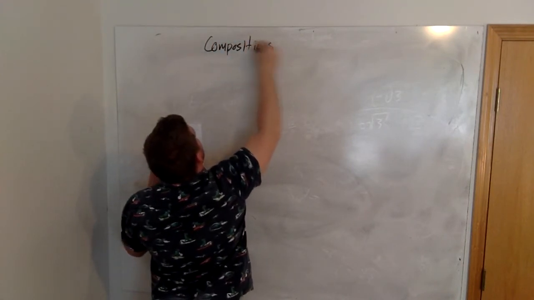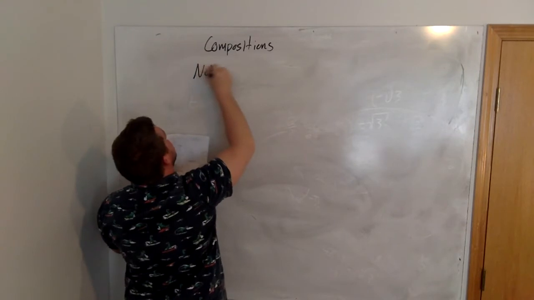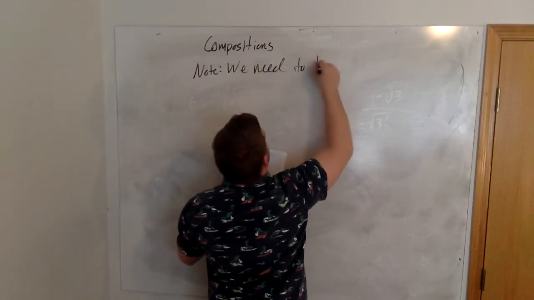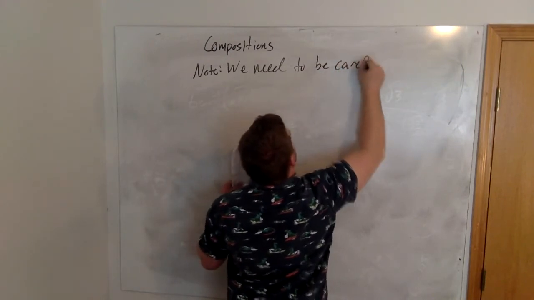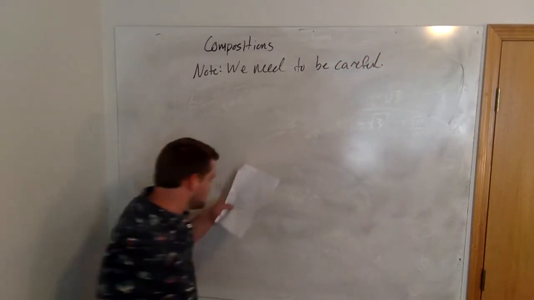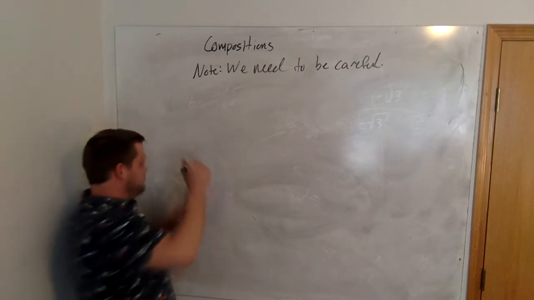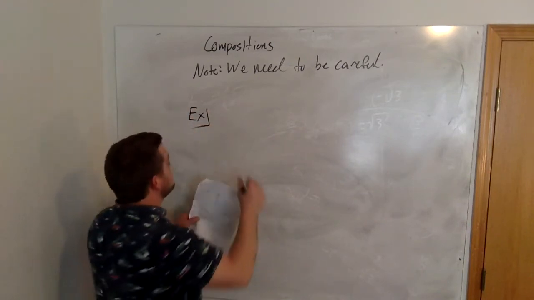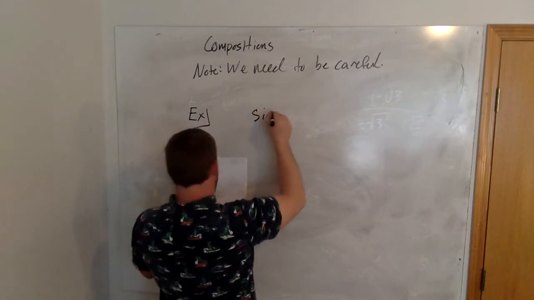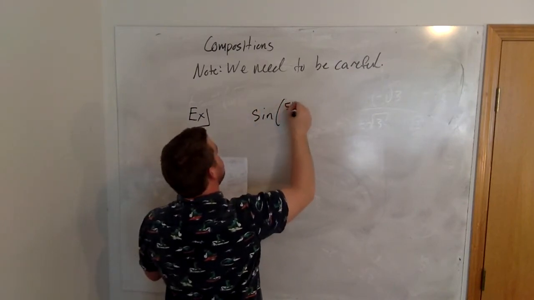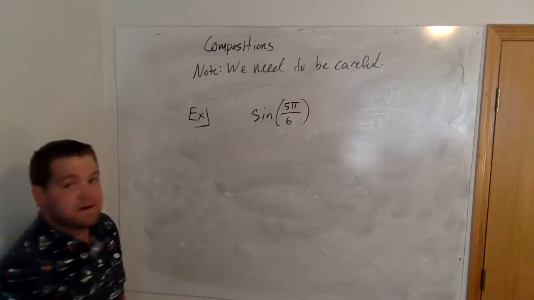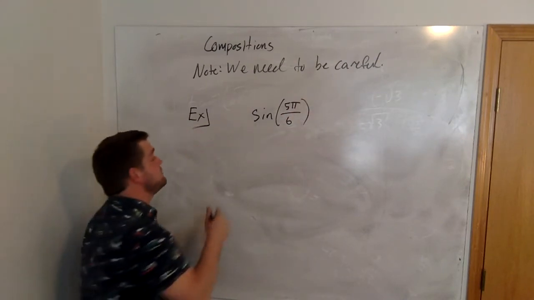Compositions. Note, we need to be careful. So here's an example. Let's say that we have sine inverse of sine of 5 pi over 6. We're evaluating sine at 5 pi over 6, and then we apply the inverse to it.